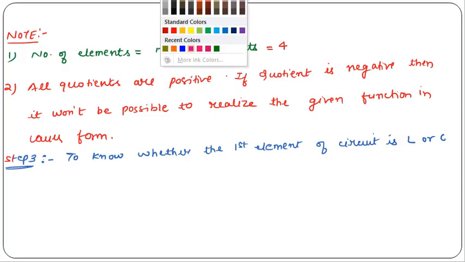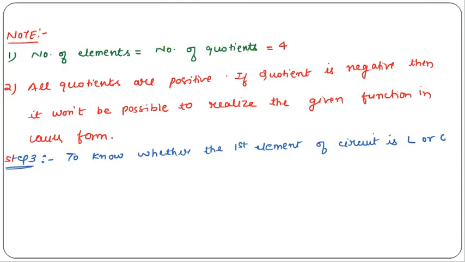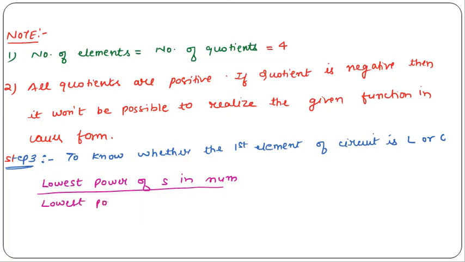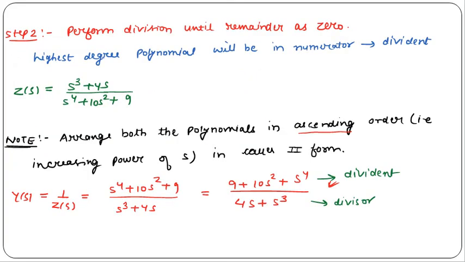In the Cauer first form we have taken the highest power of s in the numerator and denominator, but in the Cauer second form we will take the lowest power of s in the numerator divided by the lowest power of s in the denominator. So what is the lowest power of s in the numerator? Lowest power is s power 0.